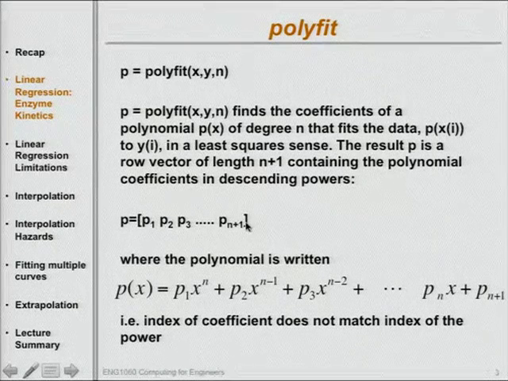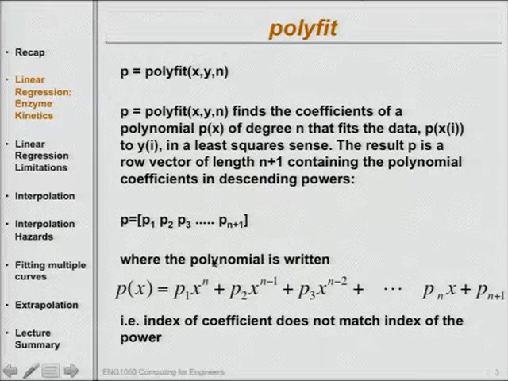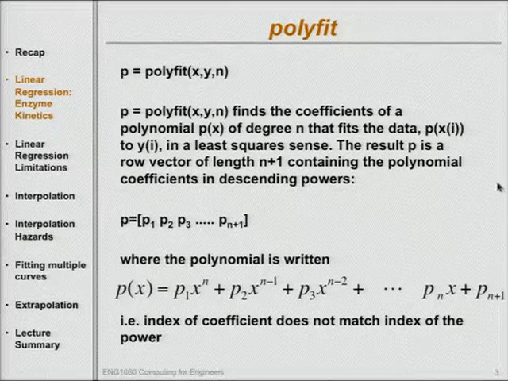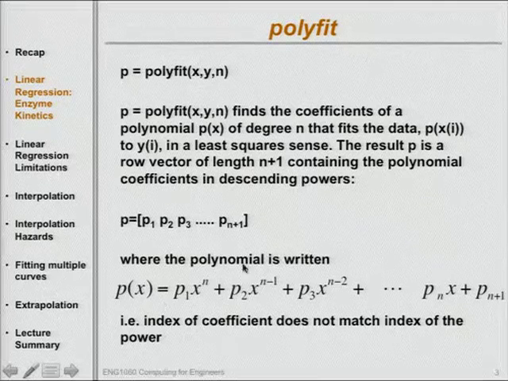Now, this, to me, is a little bit counterintuitive, but it's just the way that MATLAB does things. The first coefficient, p1, is the coefficient of the nth power. p2 is the coefficient of n minus 1, p3 is n minus 2, etc., all the way down to the end. So pn plus 1 is the constant coefficient, which is x to the 0 at the end. So the indices are the reverse of the powers. It would be nicer if that index corresponded to the power in some way.